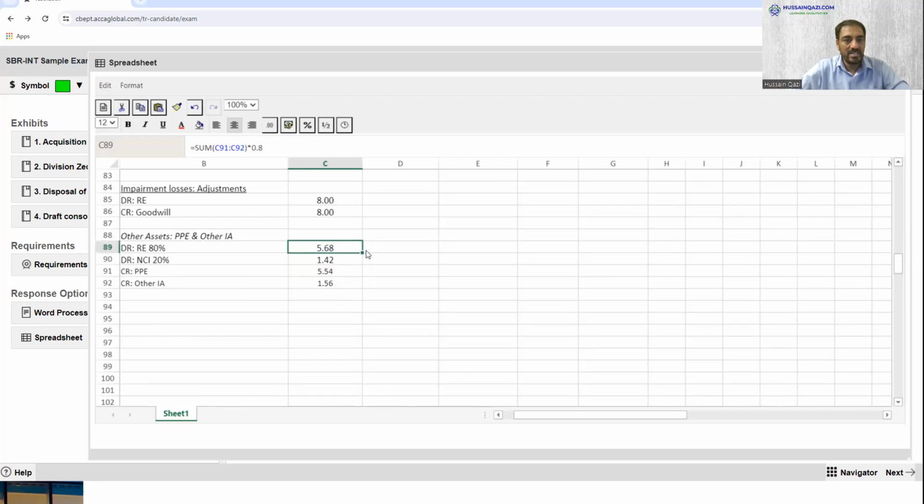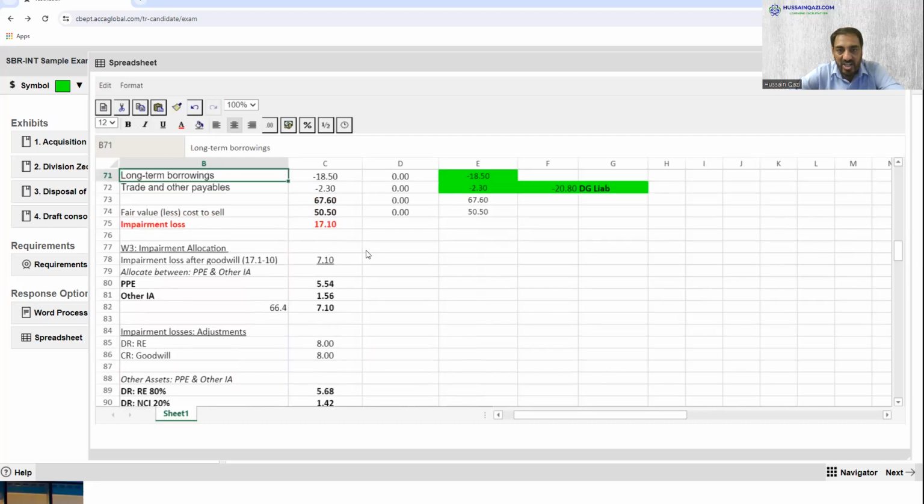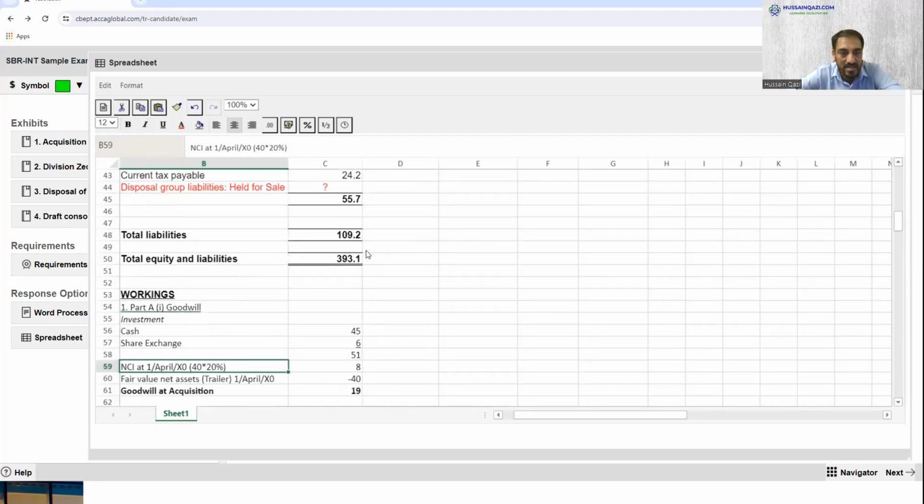That's the allocation: 5.68 and 1.42. So that is what the adjustments are about. That's we have done it.